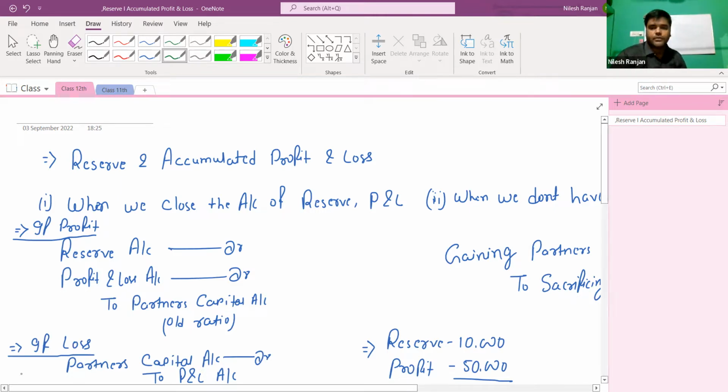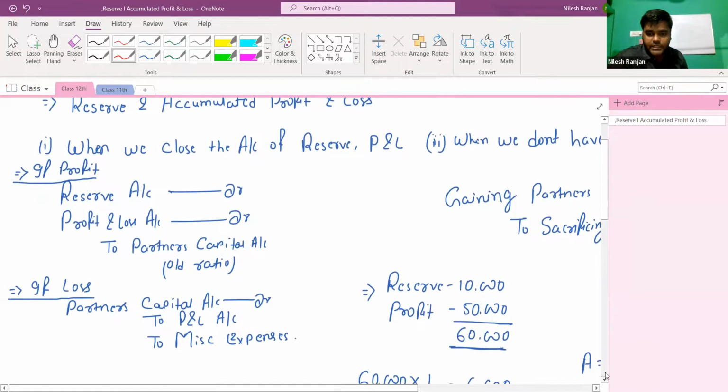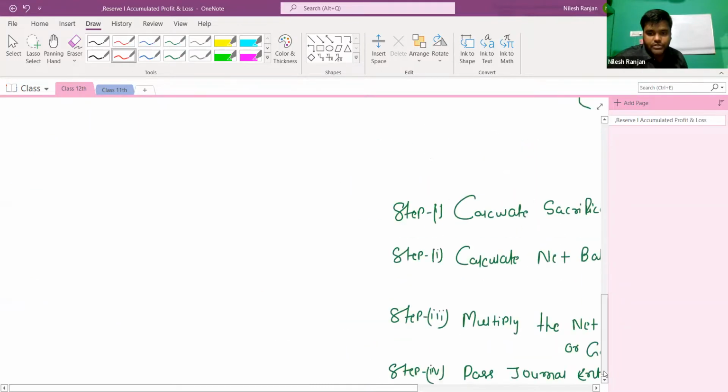Okay. So now there are two more things in reserves. We have to understand what they are. Have you ever seen the workman compensation reserve?